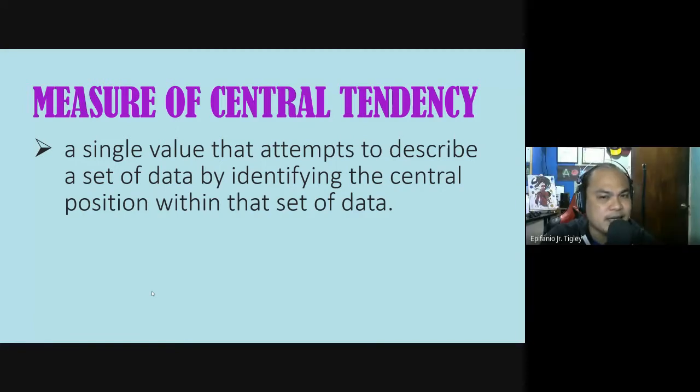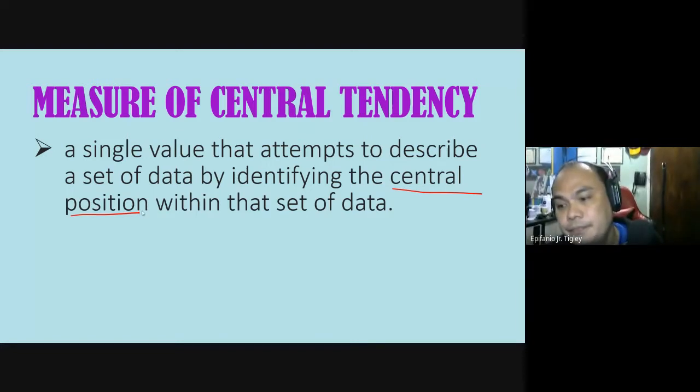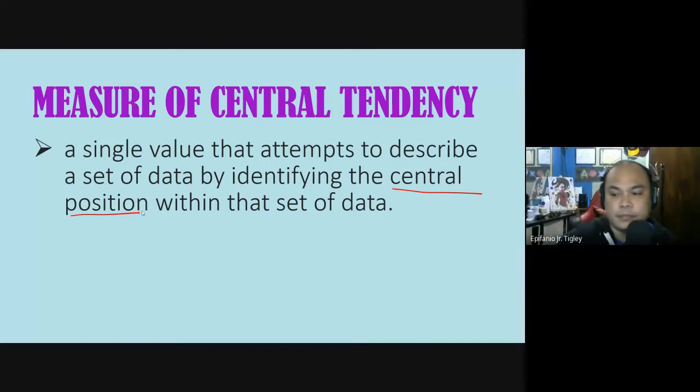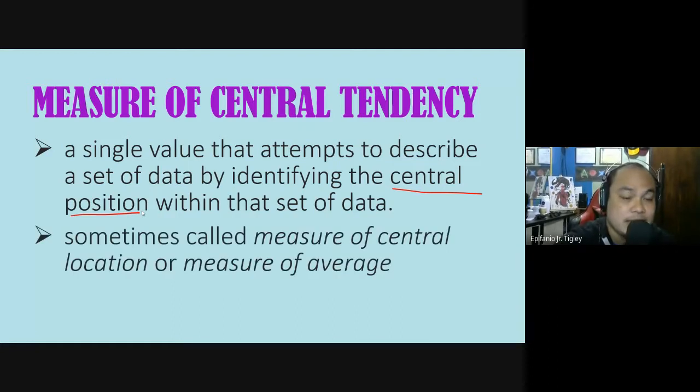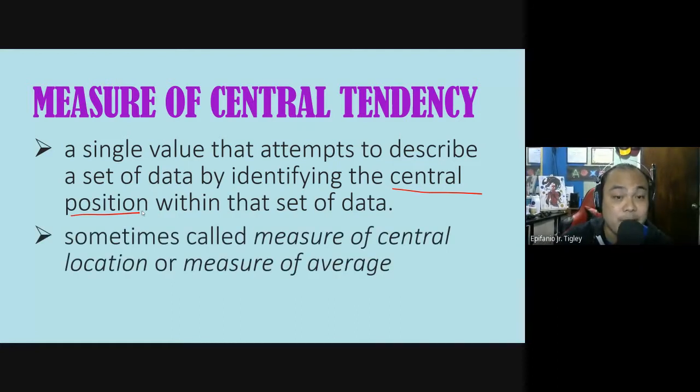Okay, it's a single value which describes a set of data by identifying the central position within the set of data. Another one is, this is sometimes called the measure of central locations or the measures of average.